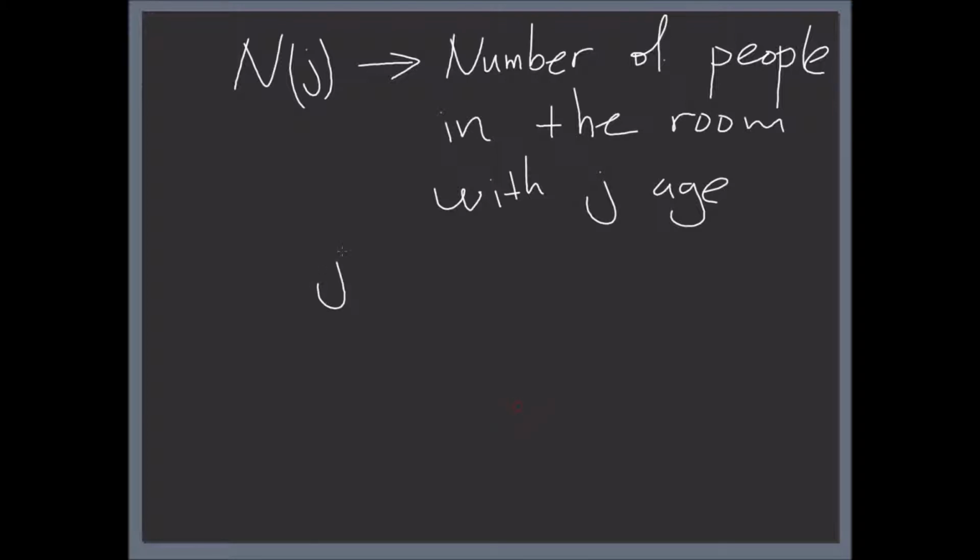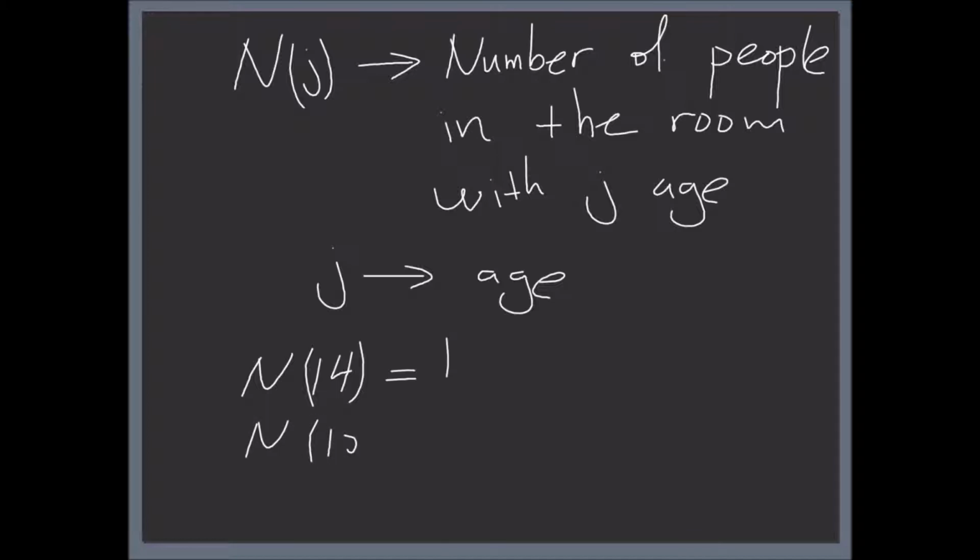So j is the age. So if I say N of 14, this will be 1. N of 15, this will be also 1, and so forth.